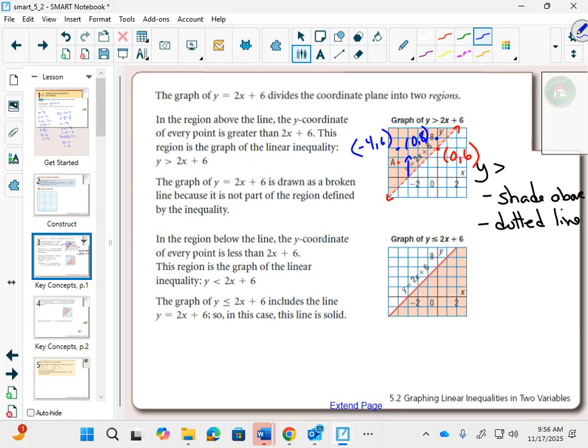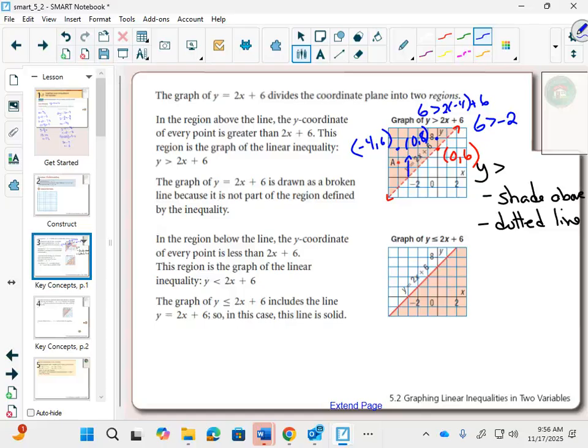If I plugged in 6 for y and -4 for x, is it true that 6 is bigger than -2? Absolutely. So the shaded part shades every single point that makes it true. And there's a lot of them. The unshaded part shows every single point that wouldn't make it true.